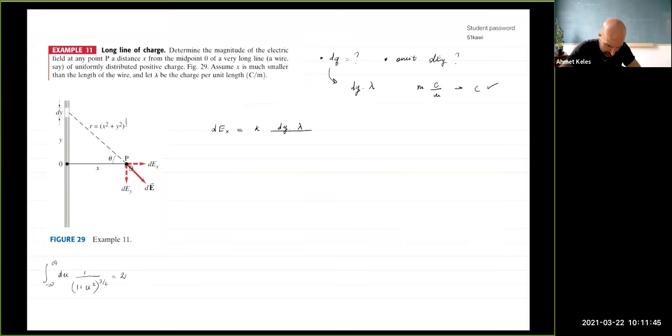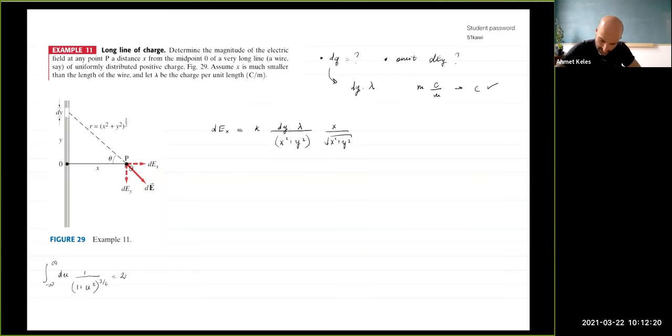Distance is this, square of this plus square of this: x squared plus y squared. And I also need to multiply with cosine, right? So cosine of this is equal to cosine of this, which should be equal to x over square root of x squared plus y squared.